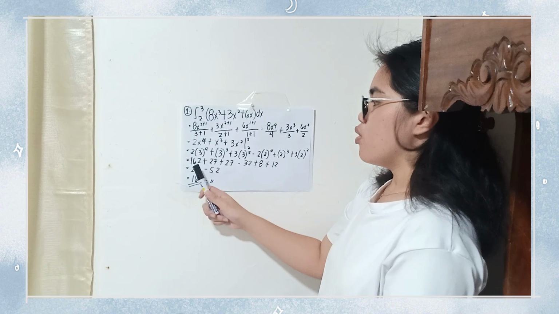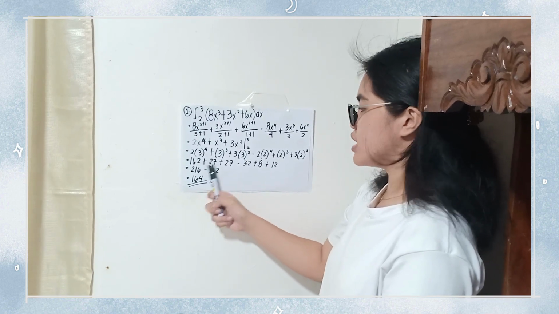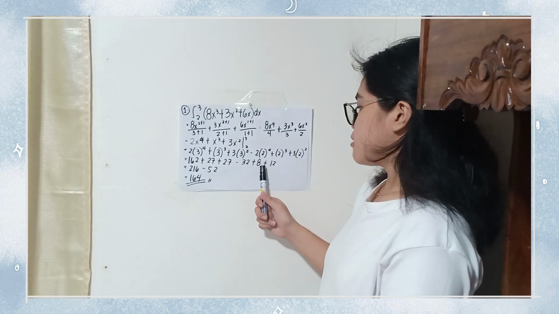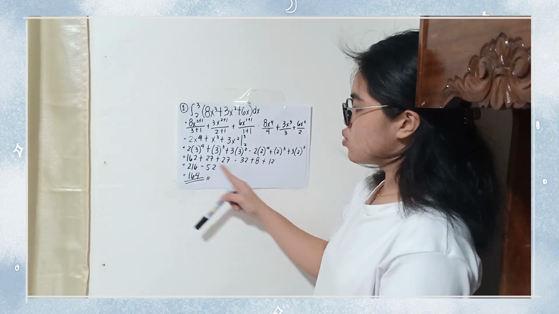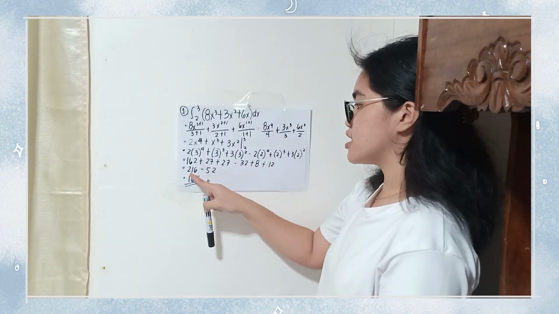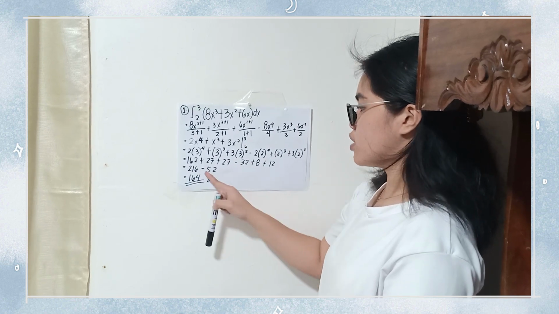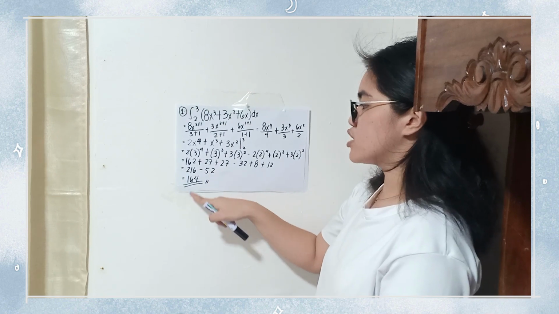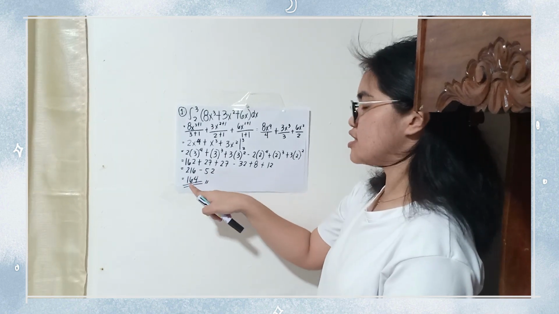So it will become 162 plus 27 plus 27 minus 32 plus 8 plus 12. If we add this one, it will become 216, while this one will become 52. So 216 minus 52 is 164. That is the final answer.